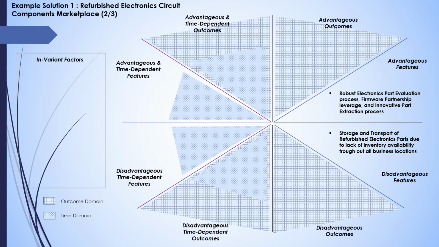And it's one that's familiar to us: storage and transport of refurbished electronics parts. Let's be precise about why this is disadvantageous. It's not that storage and transport are unimportant. They're absolutely essential. The problem is the overhead they carry, compounded by the fact that inventory isn't uniformly available across all business locations.